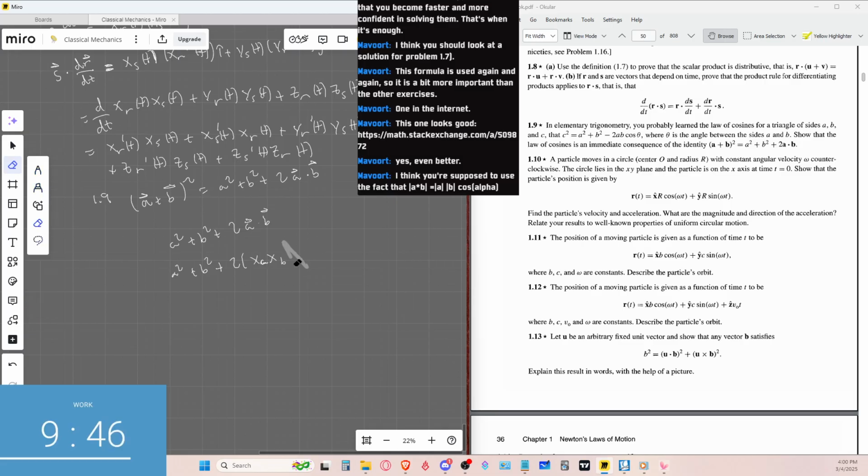Well, actually, since we are using the law of cosines, we're supposed to do it this way, where theta is the angle between them. Okay.